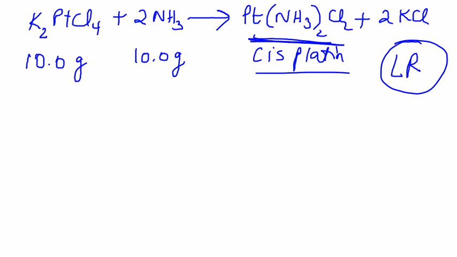The molar mass of potassium tetrachloroplatinate is 415.08 grams per mole. For the case of ammonia, we have 17.04 grams per mole, and cisplatin has 300.06 grams per mole. Now, as always, in order to determine the limiting reagent, your first step should be to check whether it's balanced or not. In this case, I'm letting you know that yes, this is a balanced reaction.